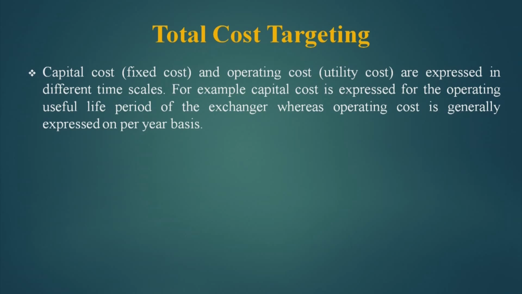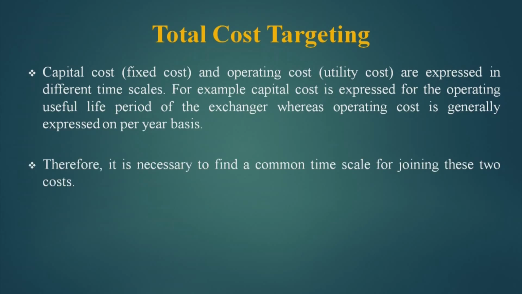For example, the capital cost is expressed for the useful operating life period of the heat exchanger, whereas the operating cost is generally expressed on a per year basis. Therefore, it is necessary to find a common time scale for joining these two costs.